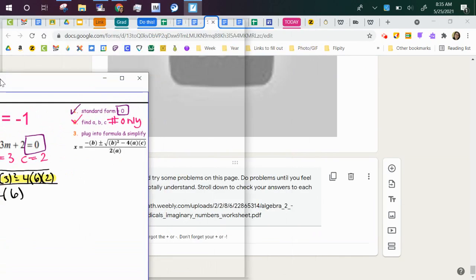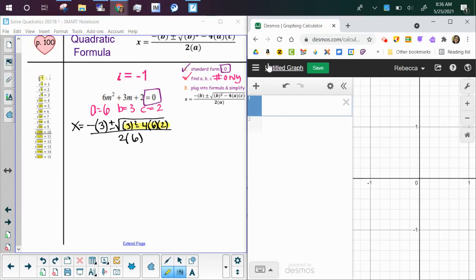So I'm going to push this off to the side, and I'm going to get my Desmos open to do this. So I've got 3 squared minus 4 times a, which is 6, times 2, which gives me -39.